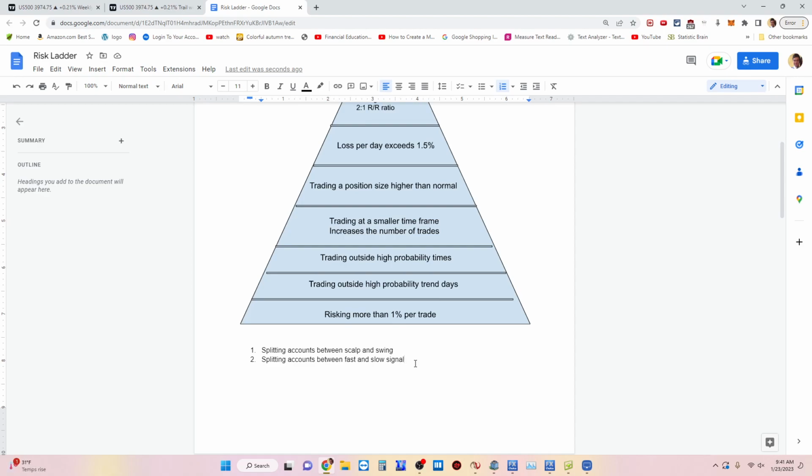So I think pretty much, and then the next one is having a higher risk to reward, having the highest risk to reward. And then I don't know of anything else other than increasing your win rate.